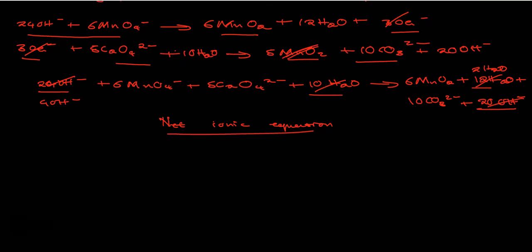So now we can write down the net ionic, which is 5. I'm having problem with my pen.